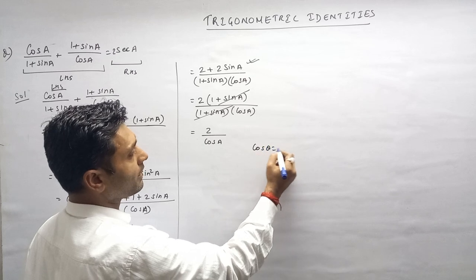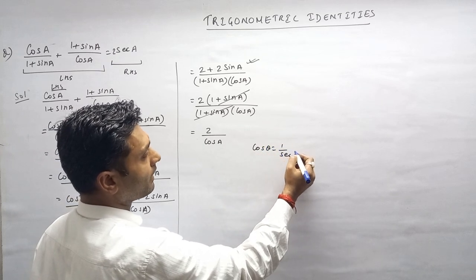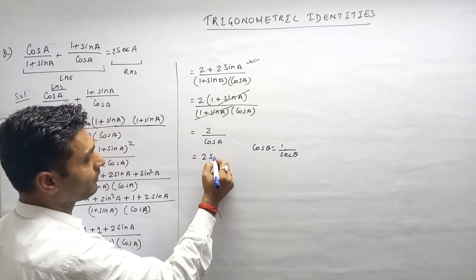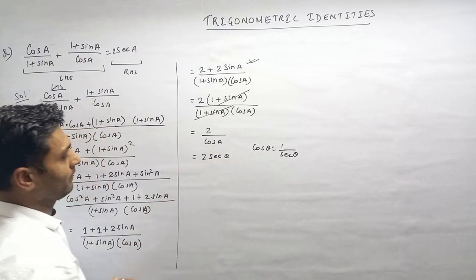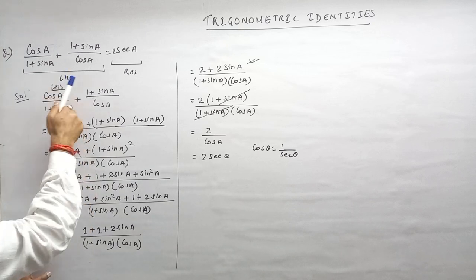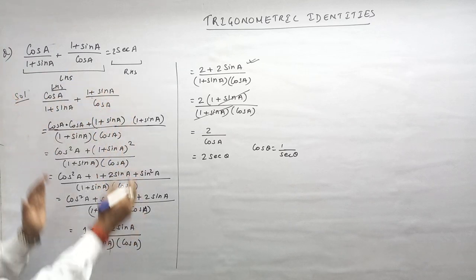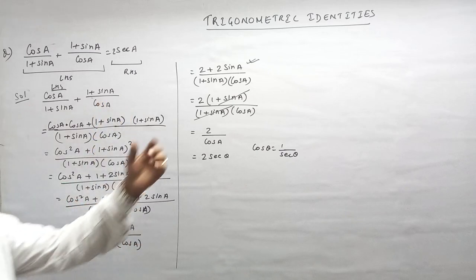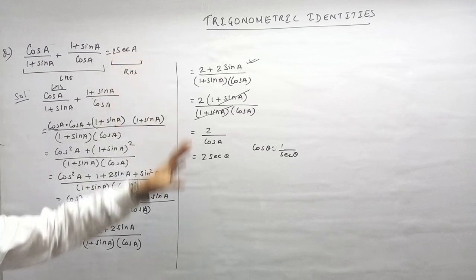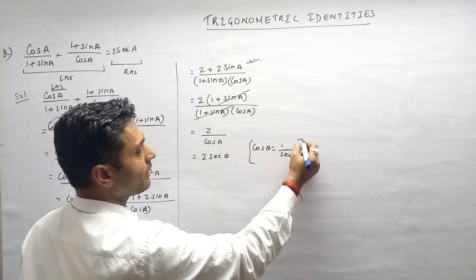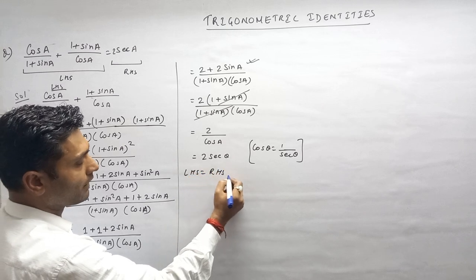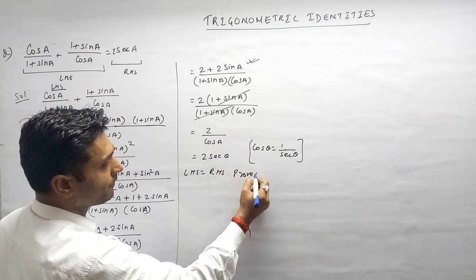Right? Cos theta is 1 divided by sec theta. So this can be written as 2 sec theta. Right? So here we have simplified the left hand side, and we got 2 sec theta, which is our right hand side. Hence our identity is proved. So we can write LHS is equal to RHS proved.